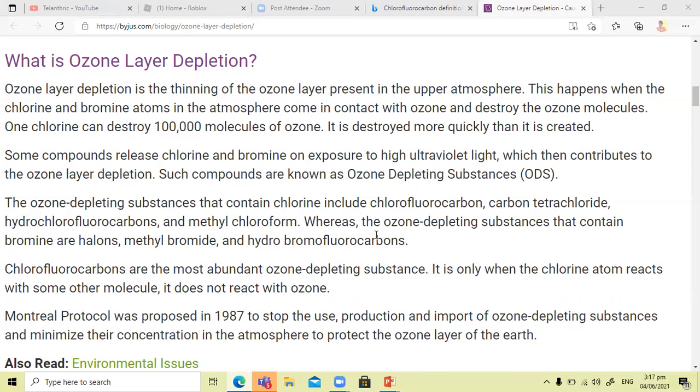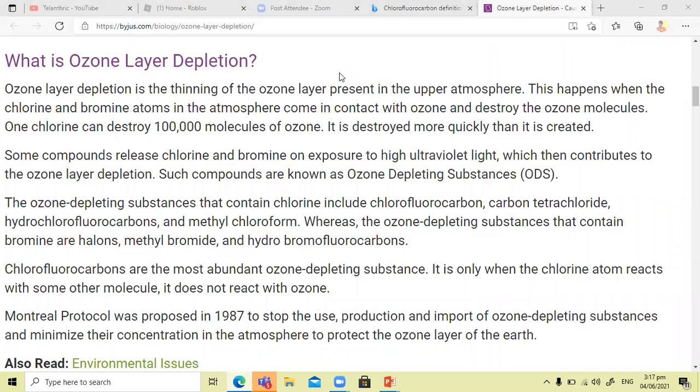Ozone layer depletion is a thinning of the ozone layer present in the upper atmosphere. This happens when the chlorine and bromine atoms in the atmosphere come in contact with ozone and destroy the ozone molecules. One chlorine can destroy 100,000 molecules of ozone.